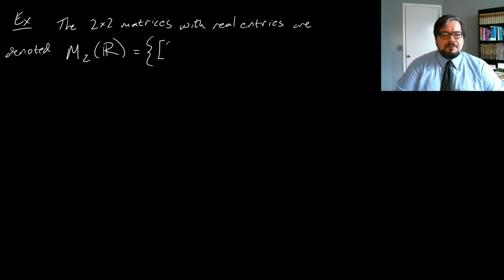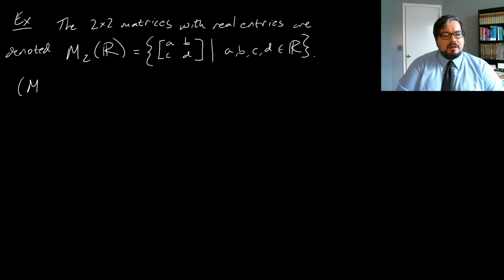So this is all the matrices of the form A, B, C, D, where A, B, C, and D belong to the real numbers. Now, M2R with addition, matrix addition, is a group.